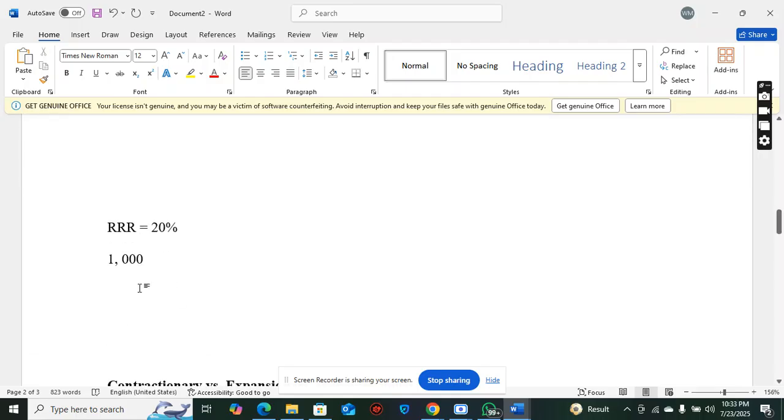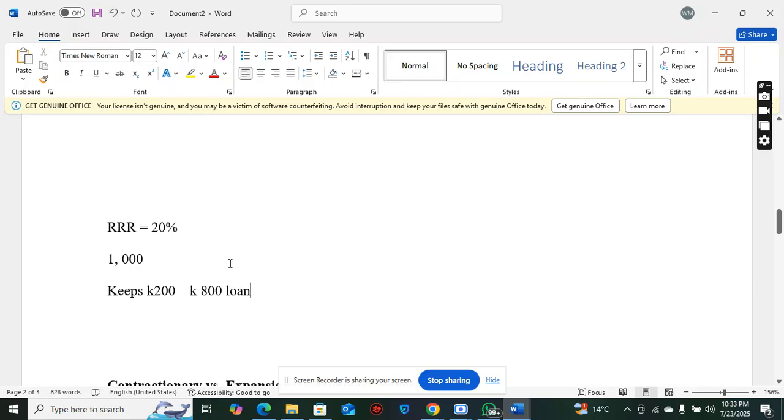That is 200 kwacha. So the bank keeps 200 kwacha. The remaining 800 kwacha, the bank can loan out. That's the required reserve ratio, the third tool for monetary policy.